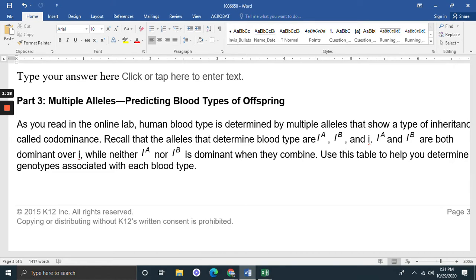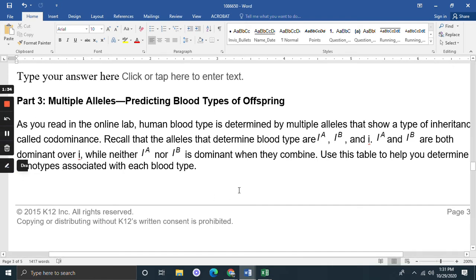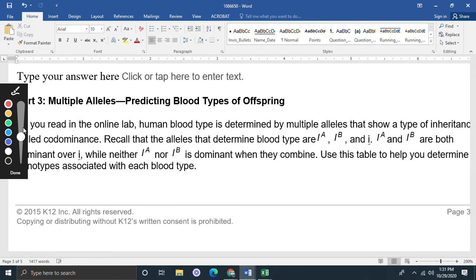And so really what this is talking about is this idea of codominance. Recall the alleles that determine blood type. Blood type is one of those examples of codominance. And so what you have here are these alleles, and remember, alleles are just variations.